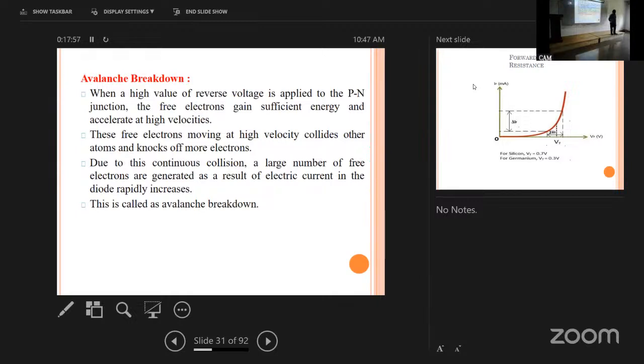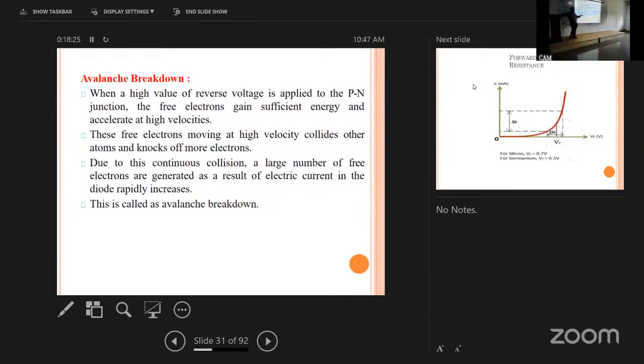The amount of DC resistance contained in the diode is known as DC resistance. The amount of AC resistance available in the diode is known as AC resistance. That is dynamic resistance. Dynamic resistance is nothing but AC resistance. Static resistance is nothing but DC resistance. Static means constant, and constant means DC, always constant.